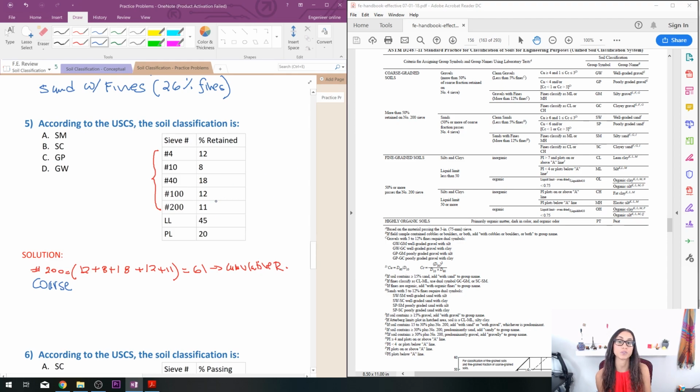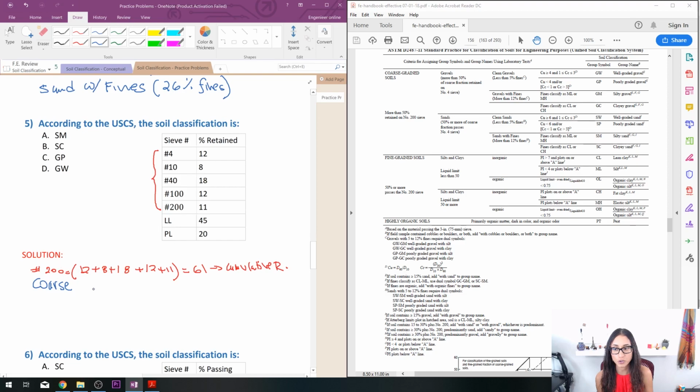If you just went with this number and said, okay, I have 11% retained, you would classify it as fine-grained, and that's going to be a wrong answer. So make sure when you're given percentage retained, you do the cumulative retained percentage to be able to classify your soil.